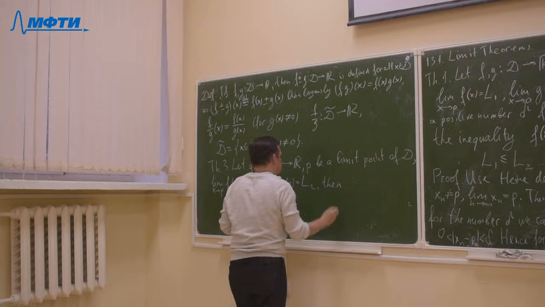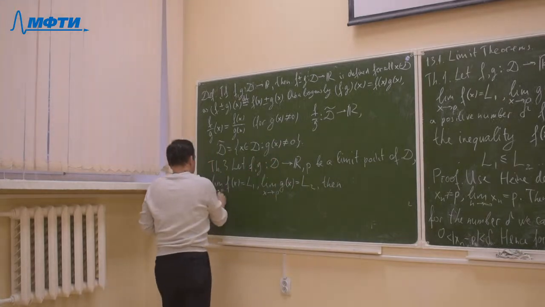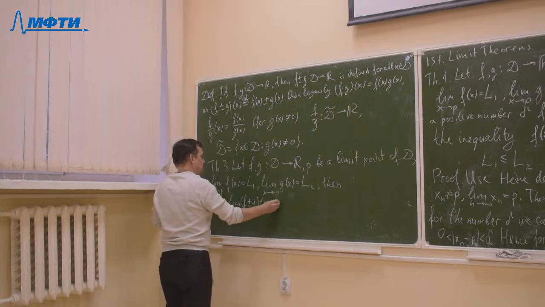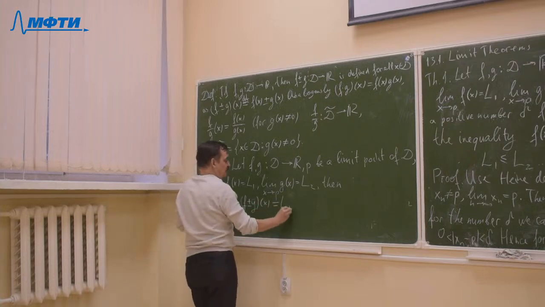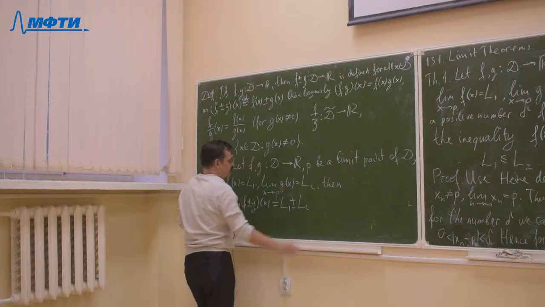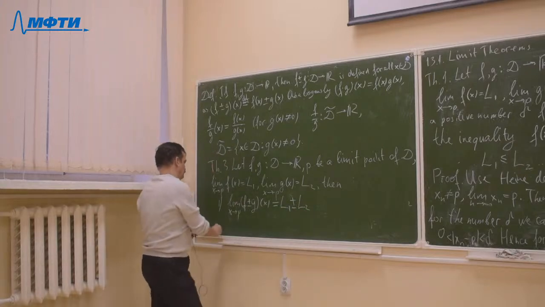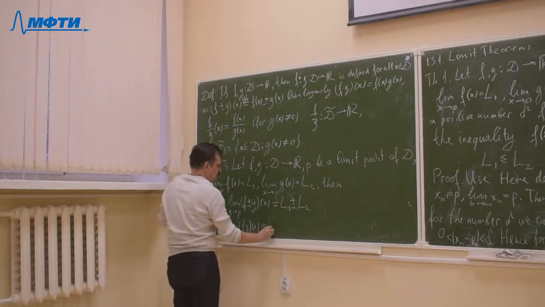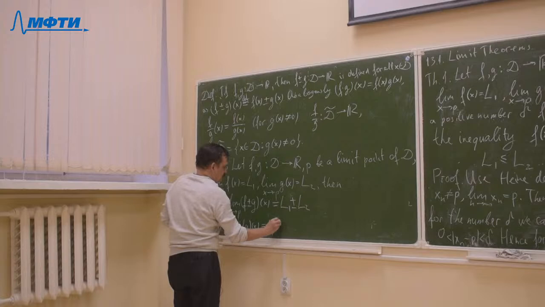Then, first, the limit of the sum or difference is equal to the sum or, respectively, difference. Second, the limit of the product, f times g of x, equals L1 times L2.